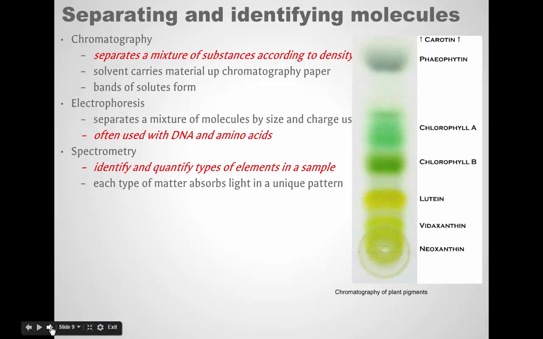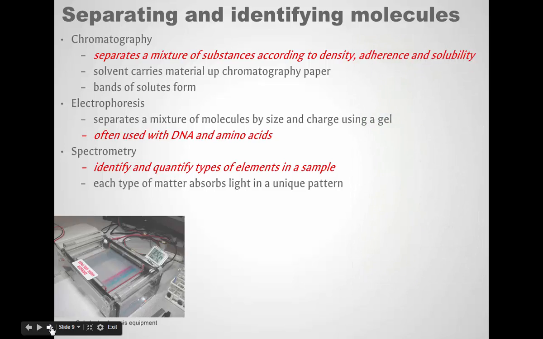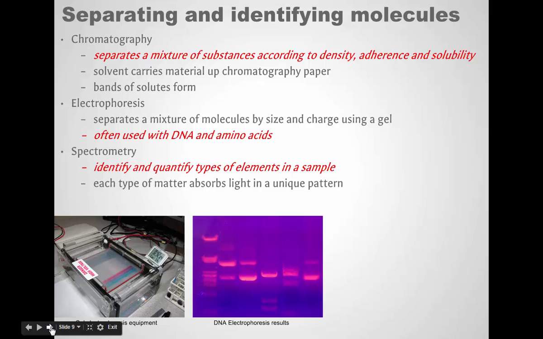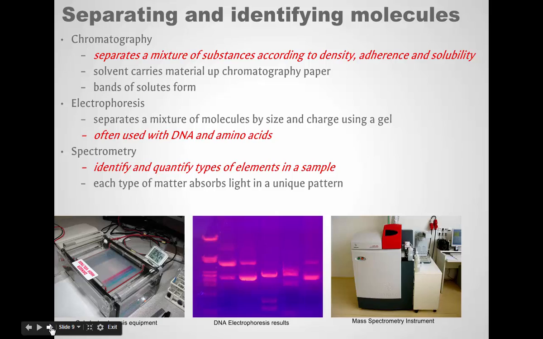Different types of chlorophyll, carotene, and so forth separate according to how they adhere to the paper. This is electrophoresis equipment that separates molecules of DNA or amino acids, and it results in a banding pattern that you can analyze. And finally, this is a spectrometer, which you can put a sample of gas in, and it'll tell you what percent is sulfur, what percent is oxygen, what percent is nitrogen.